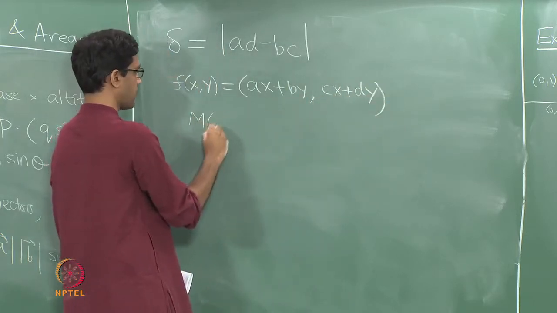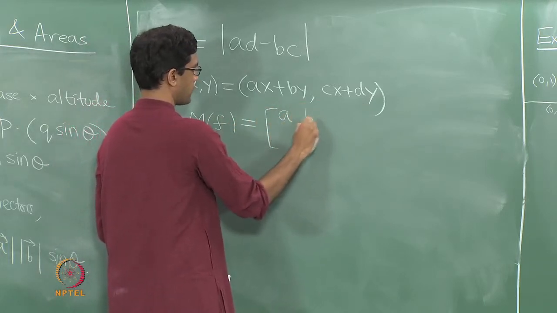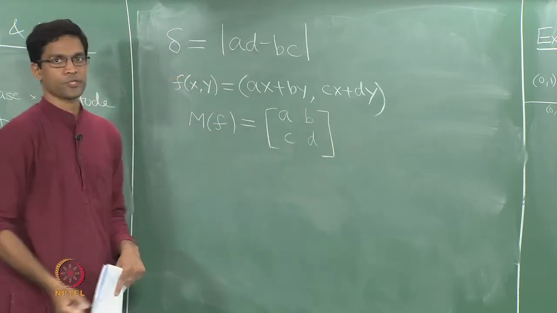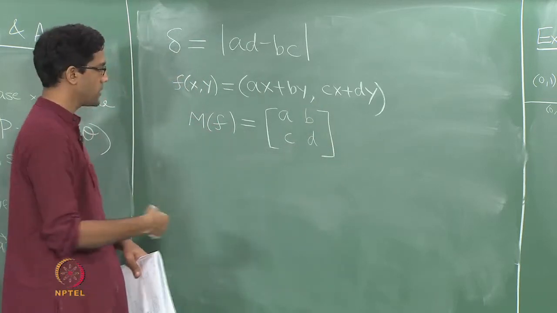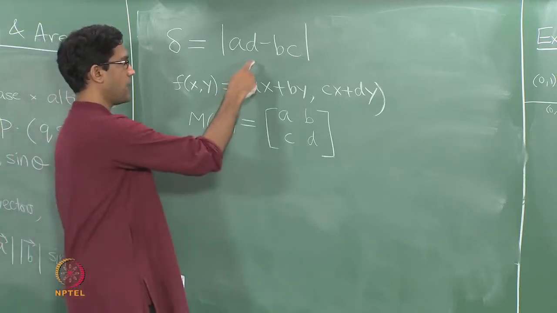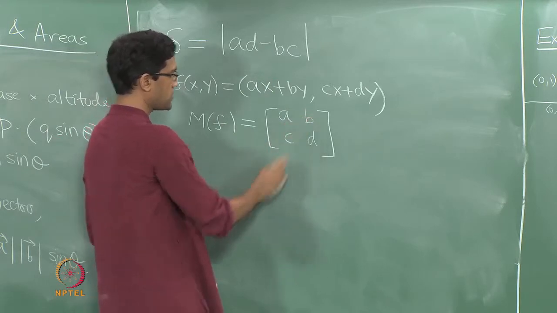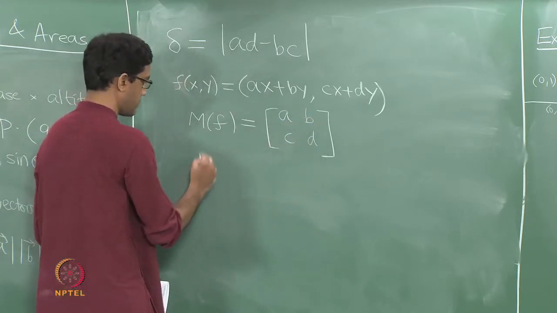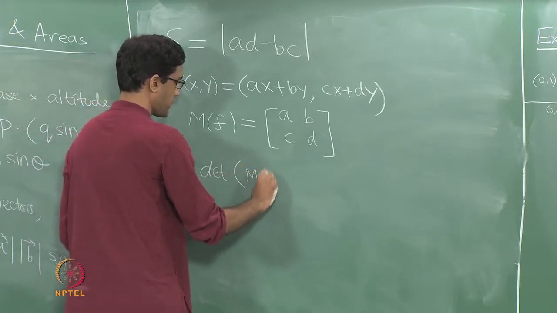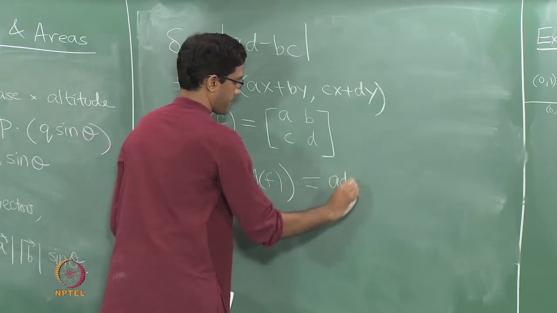And recall again that last time we had said these are best encoded in the form of a 2 cross 2 matrix. So you should really think of this linear transformation as being encoded by this matrix A, B, C, D. And now that we do this, the number AD minus BC again has another interpretation. AD minus BC, recall, is just what we would call the determinant of this matrix. So recall that the determinant of this 2 cross 2 matrix here is exactly AD minus BC.